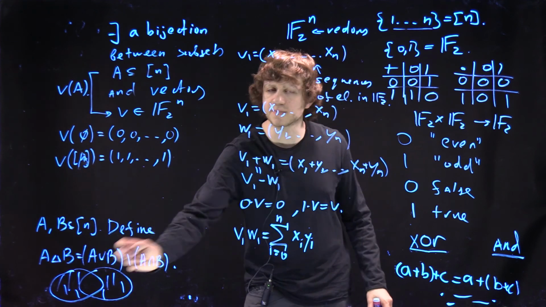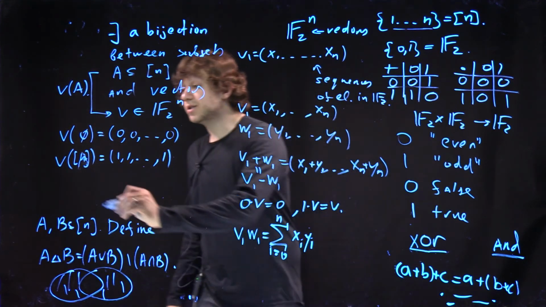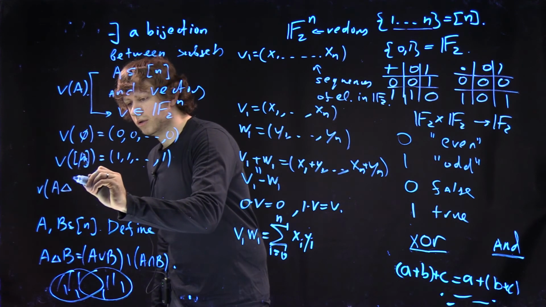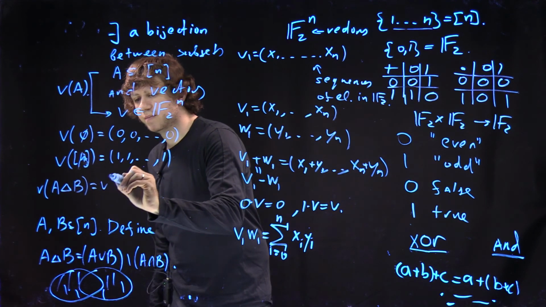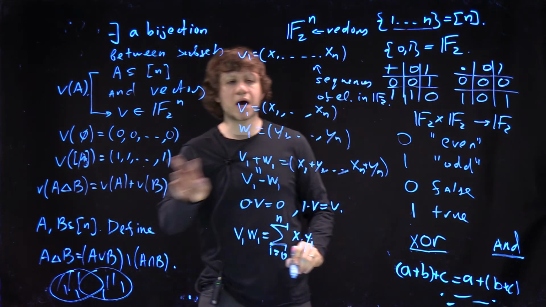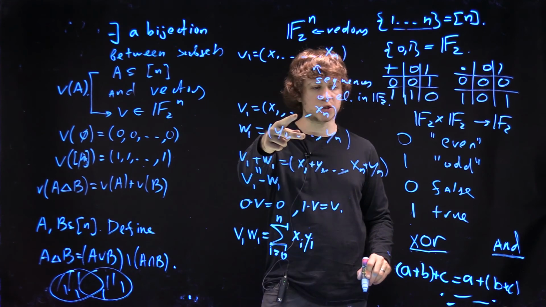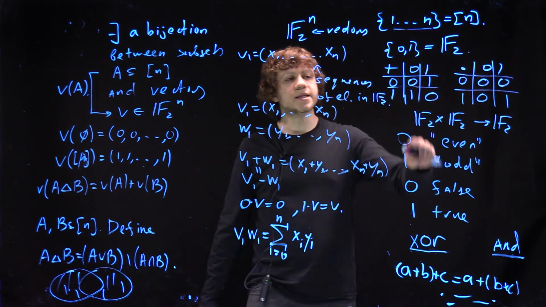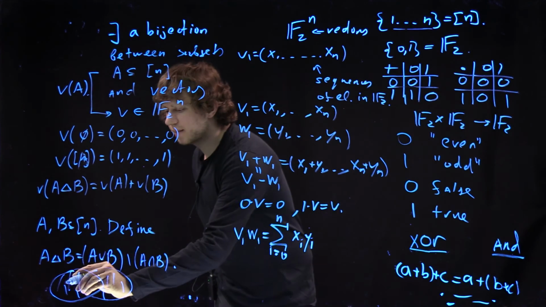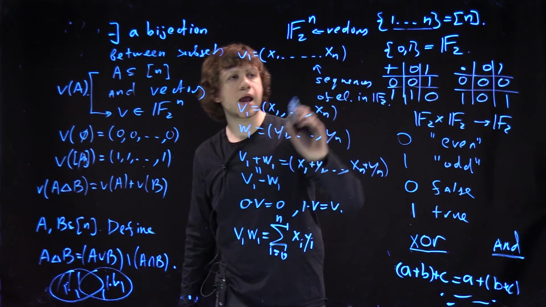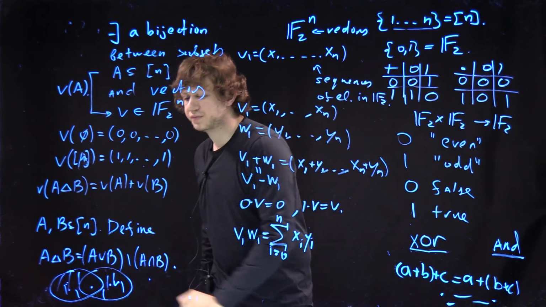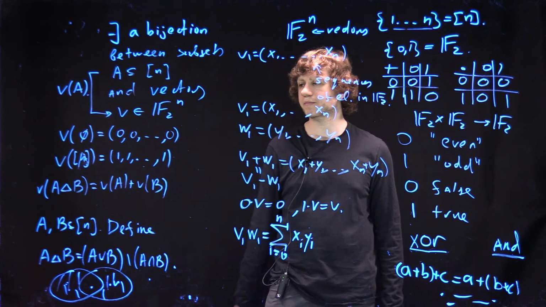So everything except the intersection. And then it's really easy to see that V of A symmetric difference B is V of A plus V of B. And the reason is very simple, because when you add two coordinates, x plus y, as we saw, it equals 1 if one of them was 1 and another was 0, meaning the element was here or here. And it equals 0 if it was in neither of the sets or in both. So that's why. That's very simple.